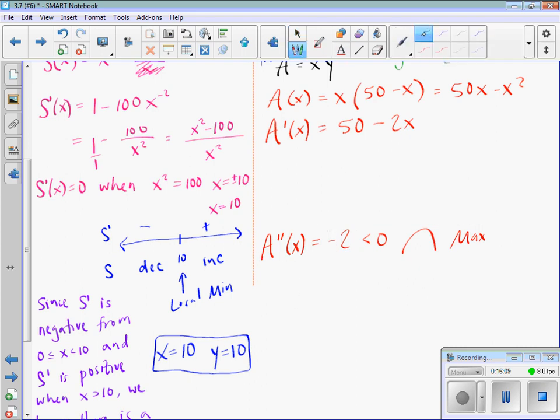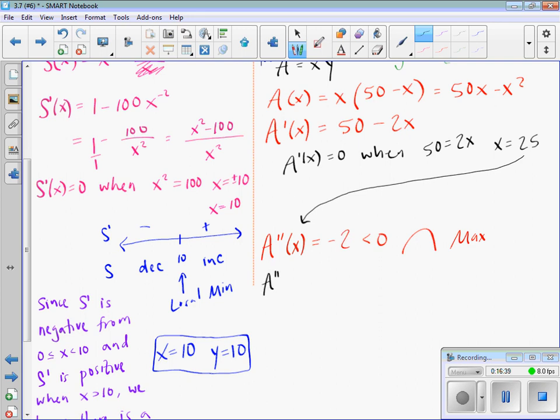So what you would do is take the first derivative and find when it's 0. So this equals 0 when the 50 is equal to the 2x, or when this equals 0, I just added this over. So when x is 25, and then you take that x is 25 and plug it into the second derivative.